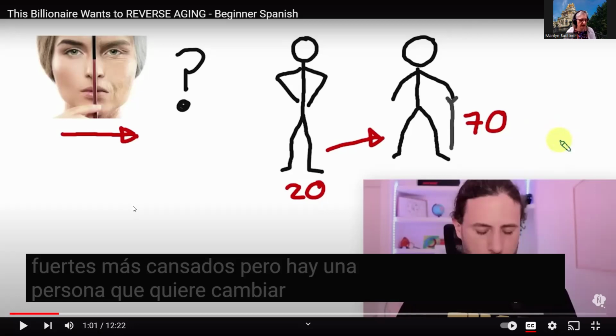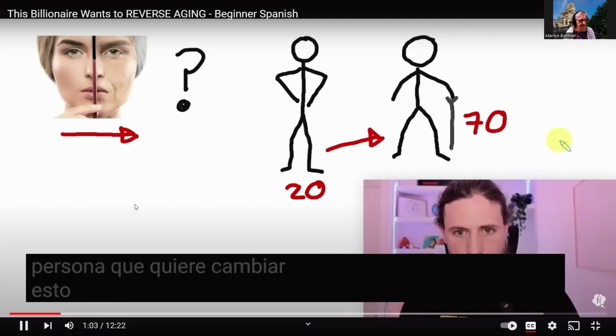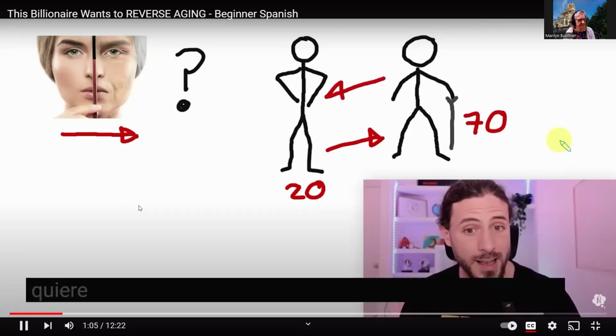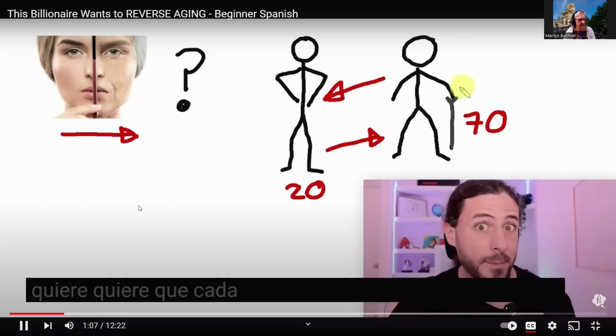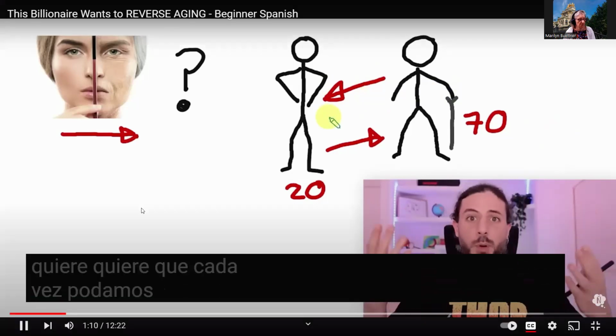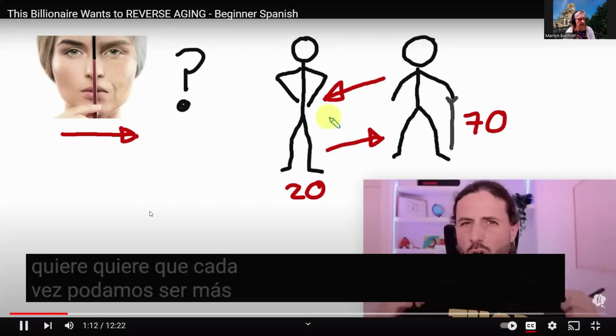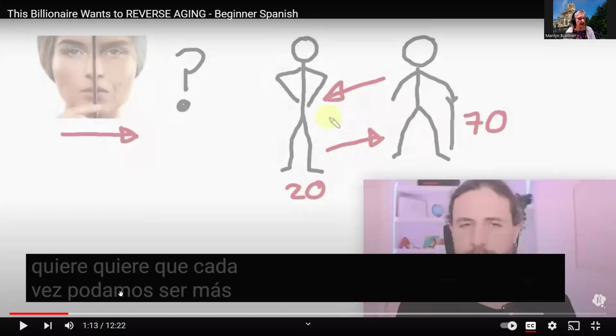There is a person who wants to change this. Quiere que cada vez podamos ser más jóvenes. He wants that we can be younger. He wants that we can become younger.